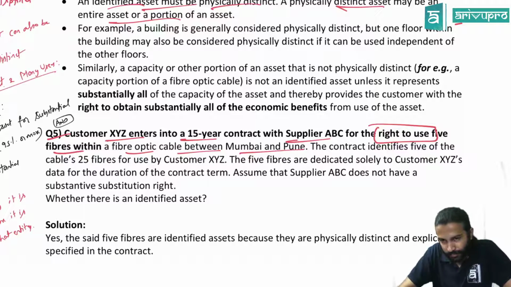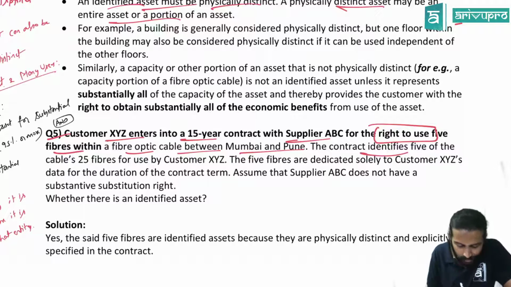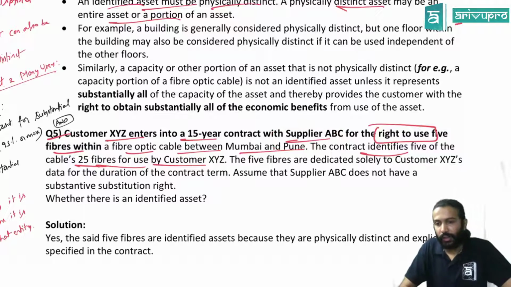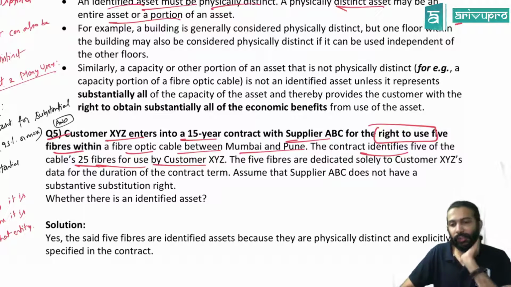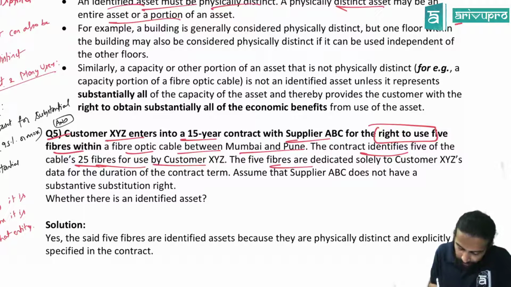The contract identifies 5 of the cables. The supplier has 25 cables running, out of which this customer wants 5. The 5 cables are dedicated solely to customer XYZ's data for the duration of the contract term.